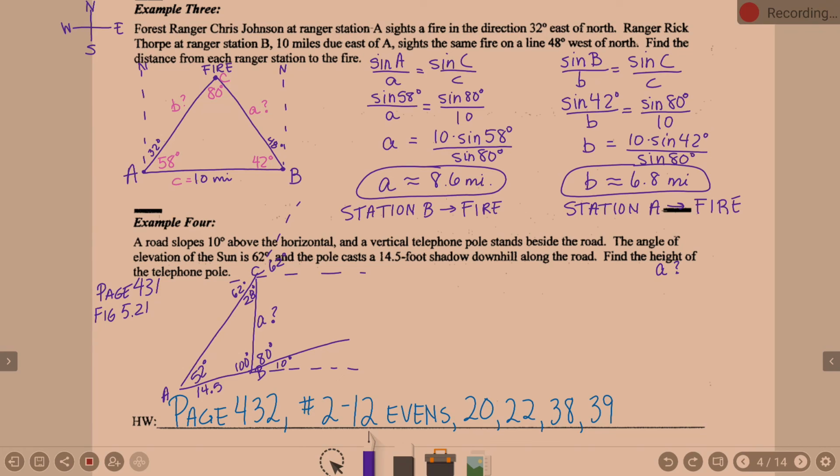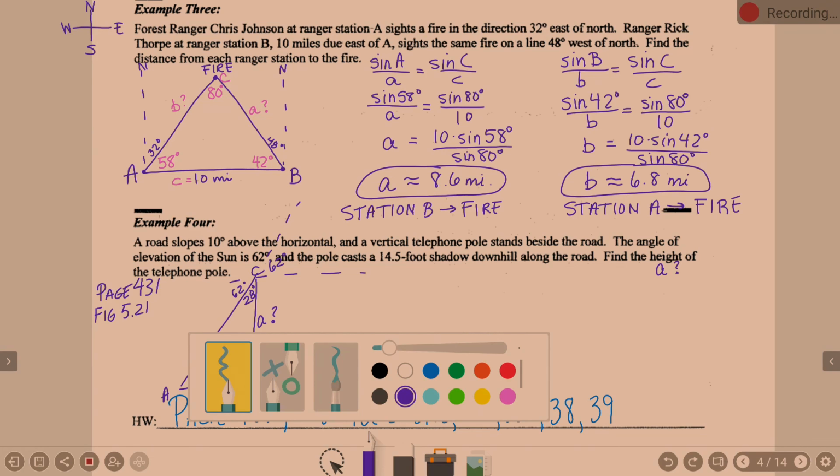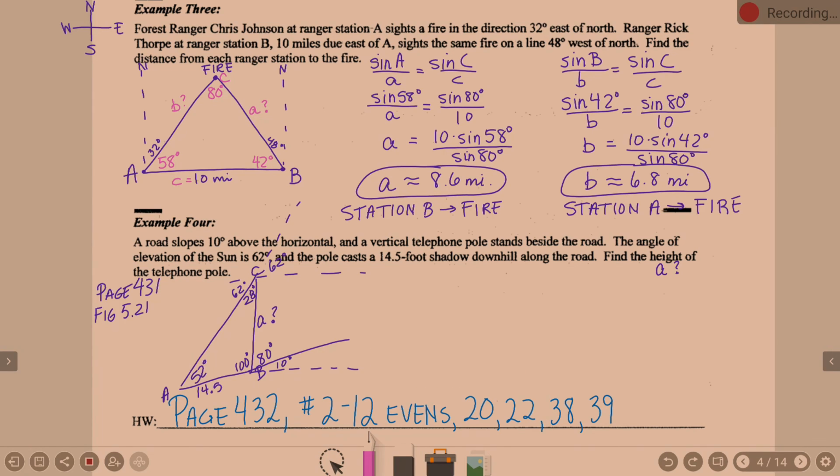Woohoo, we got it. Now, do we see paired up information, guys? We know 28 degrees is opposite 14.5. We're trying to find A. What is that opposite? 52 degrees.